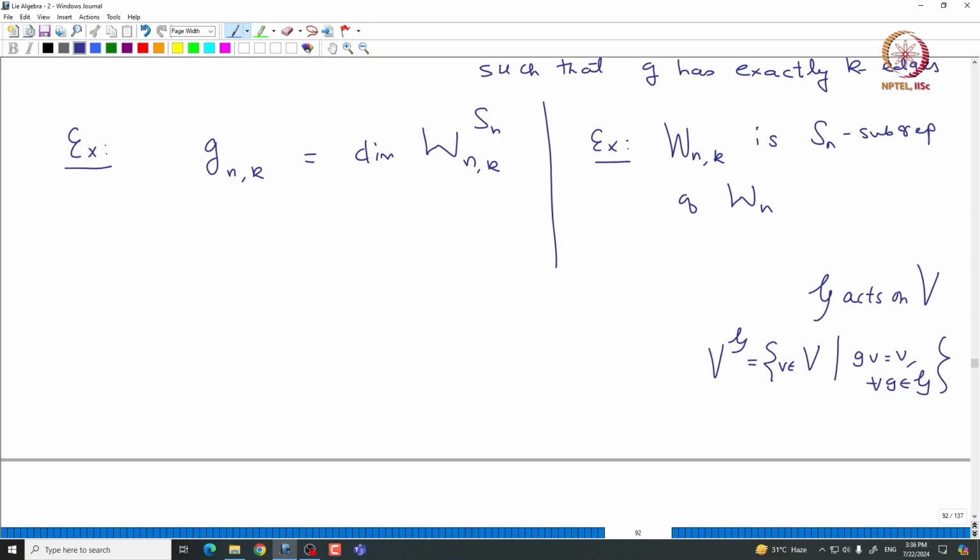So now, how are we going to use this information to say something about g(n,k)? This is where we need to actually define an sl2 action on Wn. And of course we can restrict that action to Wnk, and then we can look at what happens.